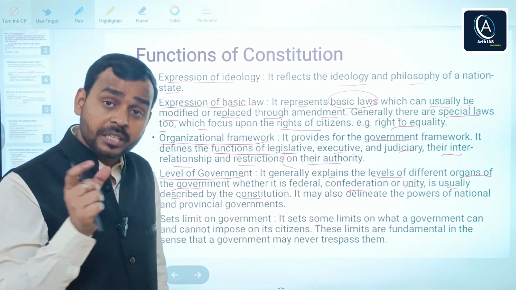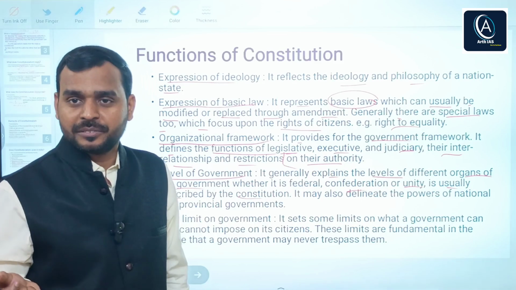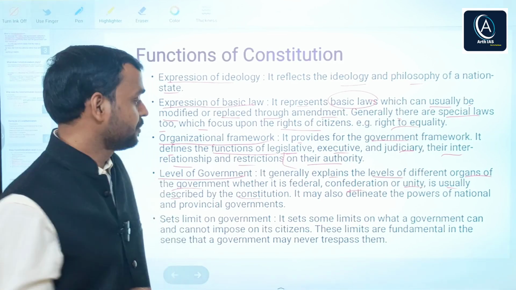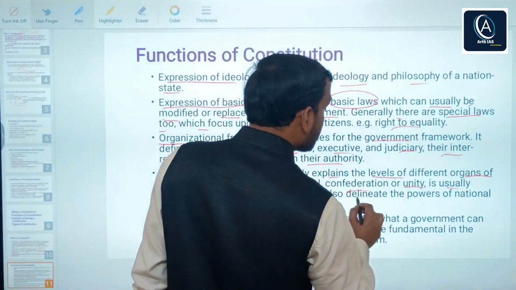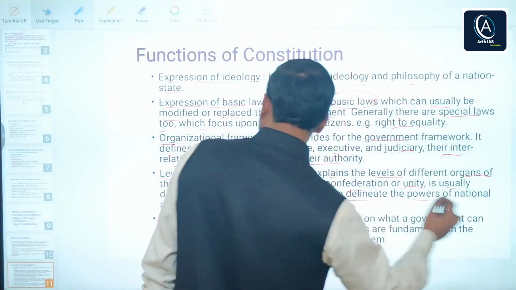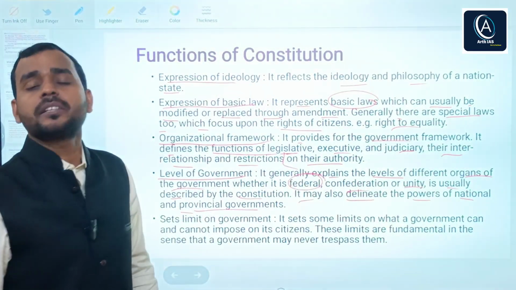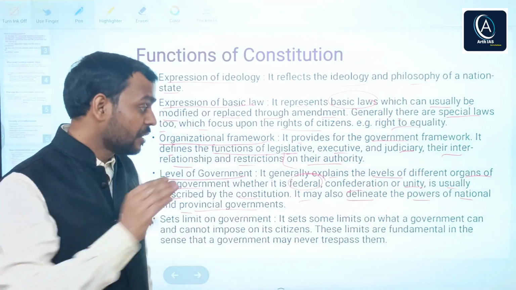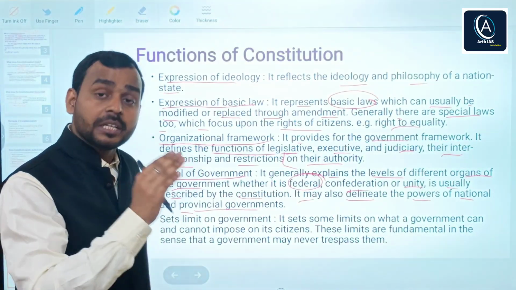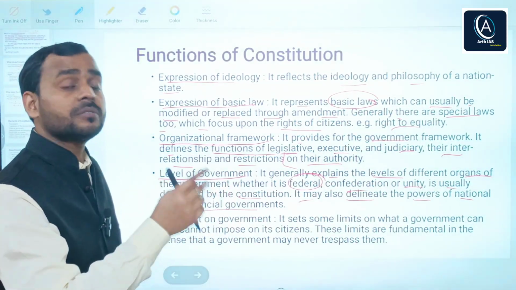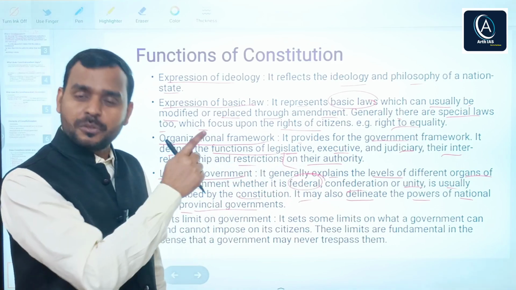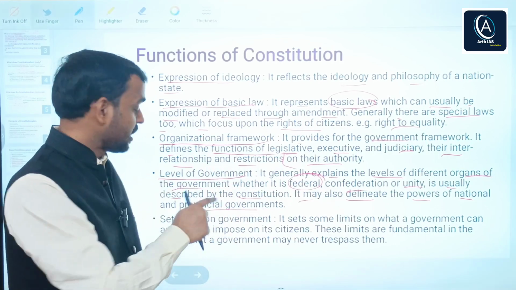Not only democratic but democratic republic. It may also delineate the powers of national and provincial government. Obviously, what is the meaning of federalism?